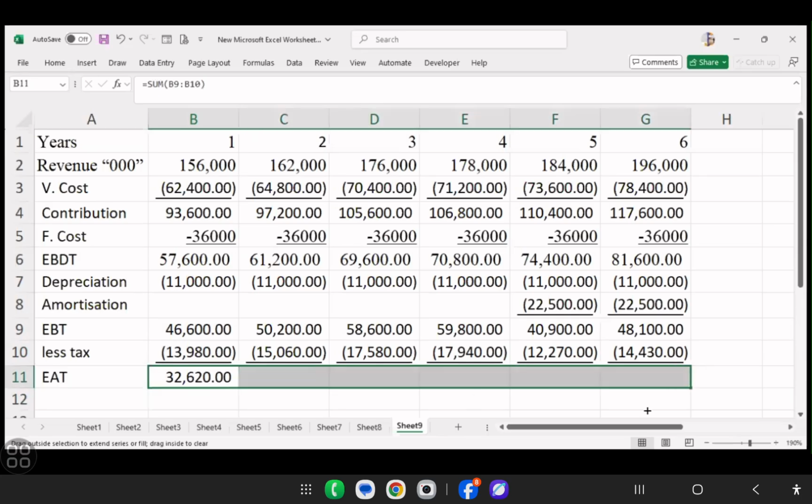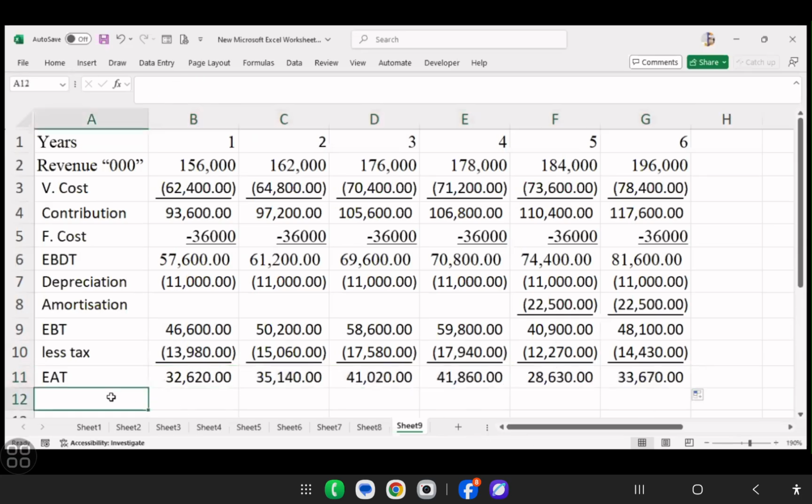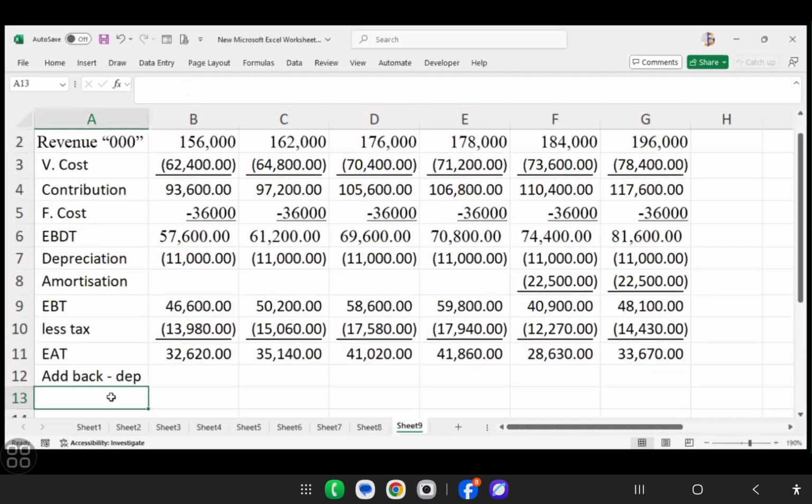Then at this point you add back depreciation, and you also add back amortization.